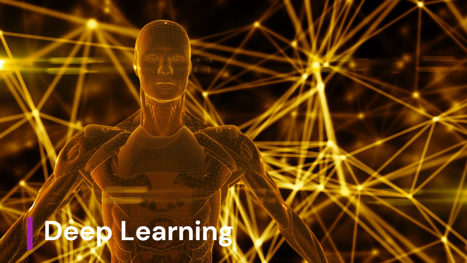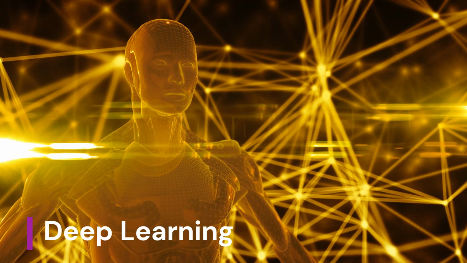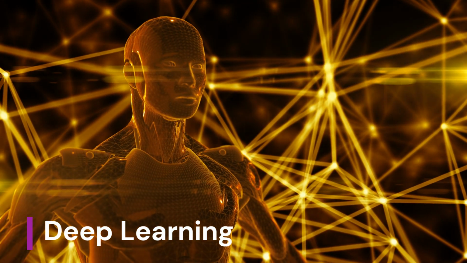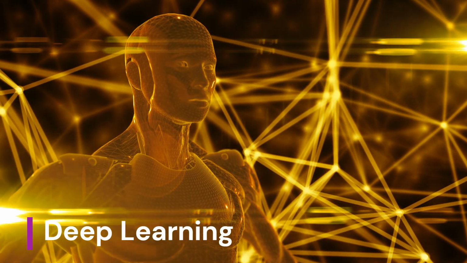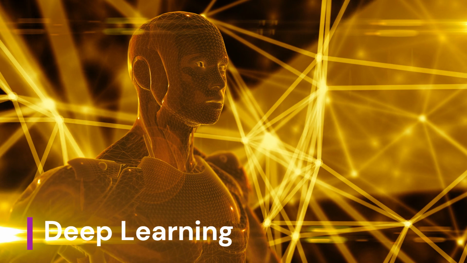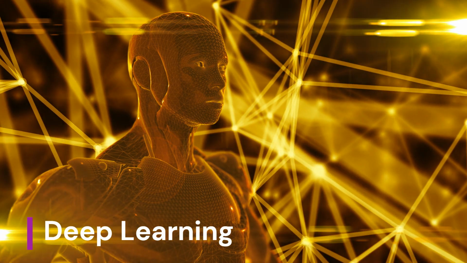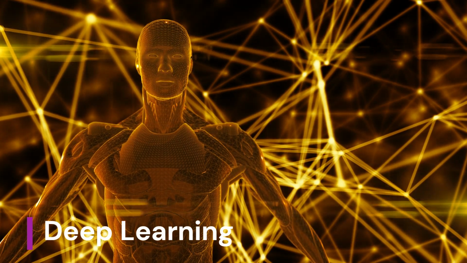Deep learning is like training a computer brain with many layers to understand and interpret complex patterns. It uses artificial neural networks inspired by the human brain to learn from vast amounts of data and make intelligent decisions.